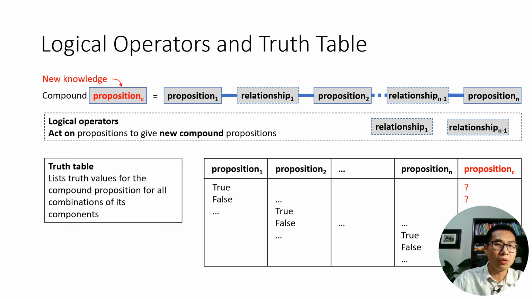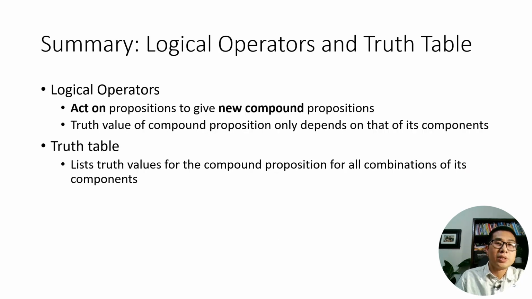Again, it lists the truth values for the compound propositions for all the combinations of the input components, which are proposition 1, proposition 2, and proposition n. So this is a summary, in text, of what we have seen so far.